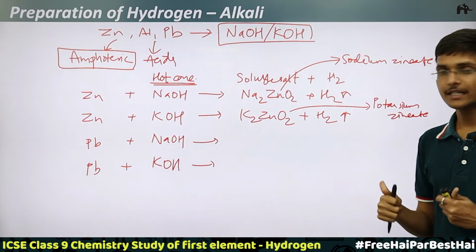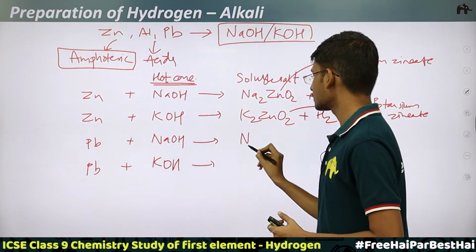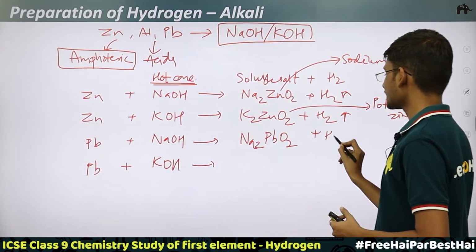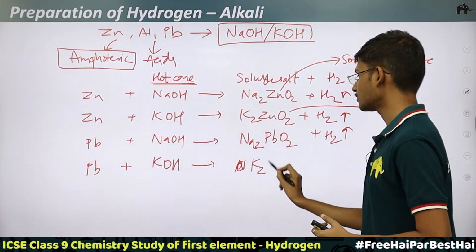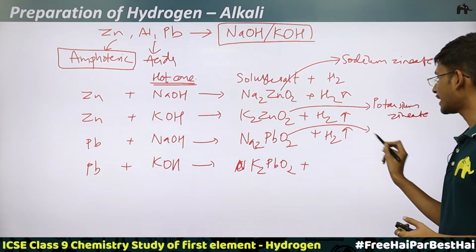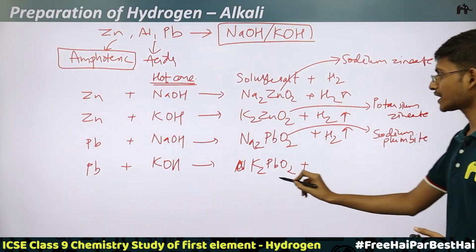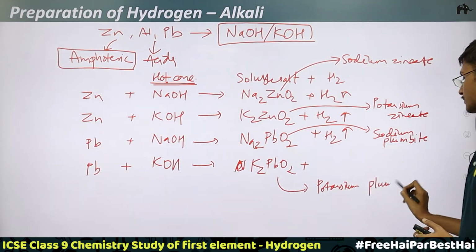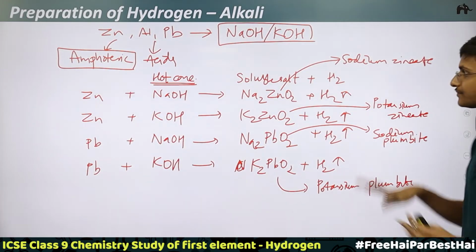Fine. Clear? Now, in the same way, lead reacts with sodium hydroxide and it forms sodium plumbite, Na2PbO2, plus hydrogen gas is released, and lead reacts with potassium hydroxide and forms K2PbO2, potassium plumbite, along with the liberation of hydrogen gas.